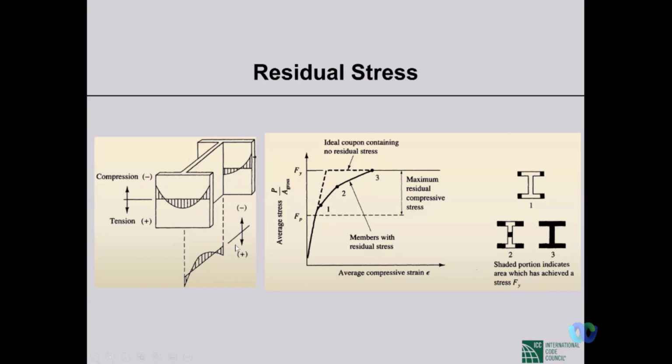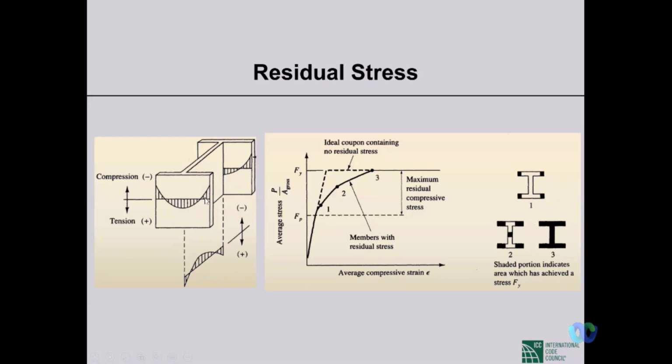Why is it like that? This is because the free edges, like the sides of the flanges or the middle of the web, cool down faster, and near the junctions between web and flange, it cools slower. So that causes these residual stresses.